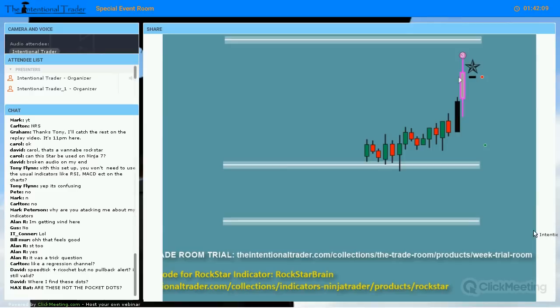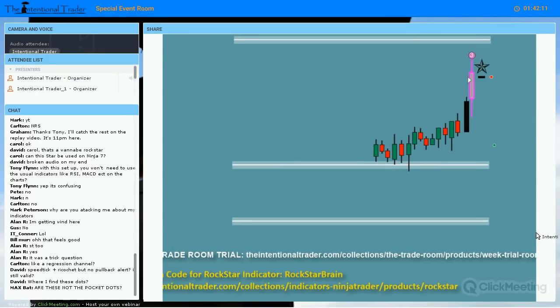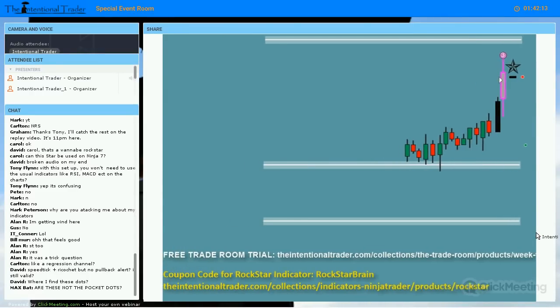All my other rules stay the same. These are not pocket dots. They just happen to be dots because NinjaTrader only gives you certain symbols to use.